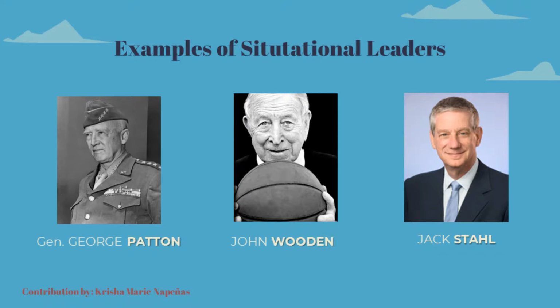Second is John Wooden, who is considered to be one of the best basketball coaches in the history of American college basketball. Third is Blanchard, who worked with organizations such as the Royal New Zealand Navy, or the RNZN, in order to improve operational and organizational success. And lastly is Jack Stahl, the president of Coca-Cola from 1978 to 2000.